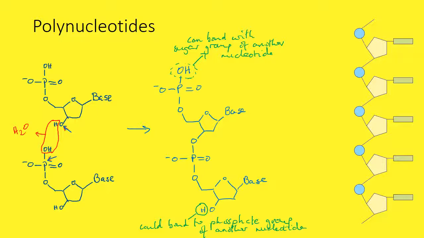And if you carry on and on, you get a polymer molecule that can be represented like this diagram here on the right hand side, where we've got a sugar part of the molecule. That's the sugar part. This is the phosphate part.